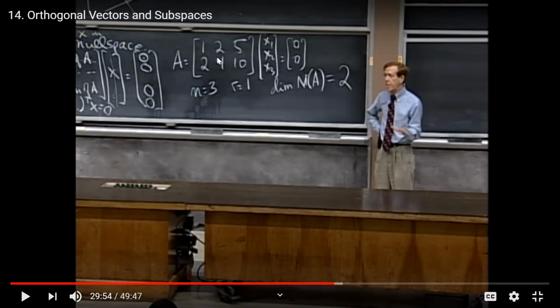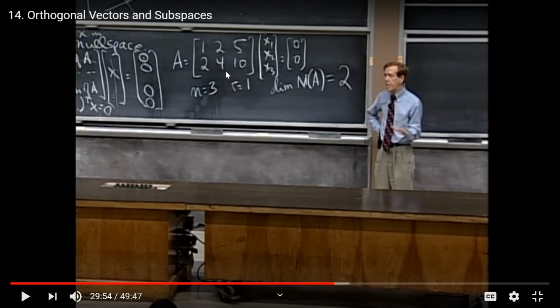If I multiply 2 with 1, 2, 5, I get 2, 4, 10. So it has rank 1, because the rank represents the number of independent rows. The independent rows here are only 1, because the next row can be made from a scalar multiple of the first row.